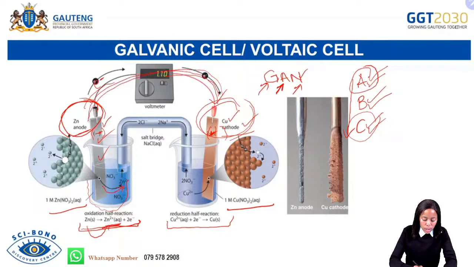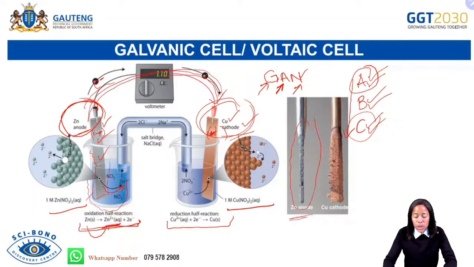As we have the movement of electrons, the zinc electrode will decrease in mass. Now on the cathode side, Cu2+ is going to move to Cu solid. So Cu2+ aqueous, we are moving from the electrolyte, to Cu solid, which means we are moving to the copper.